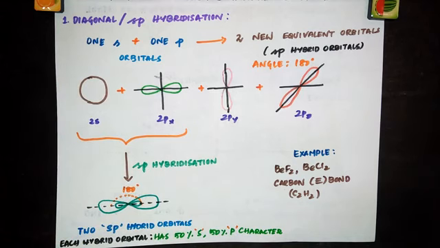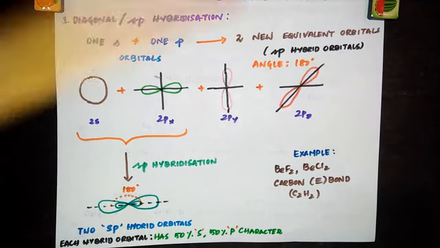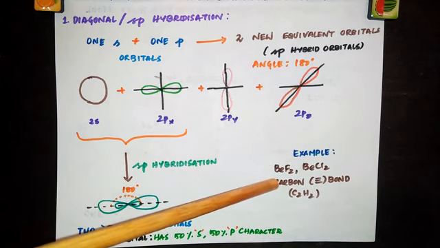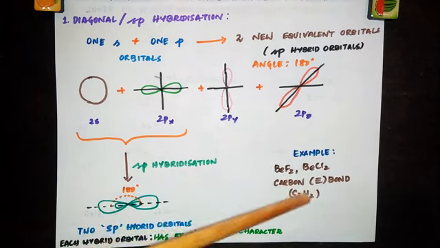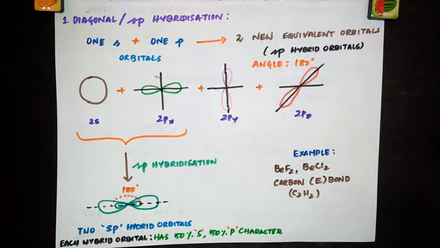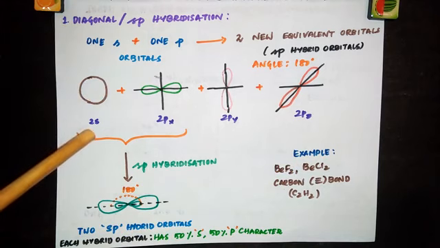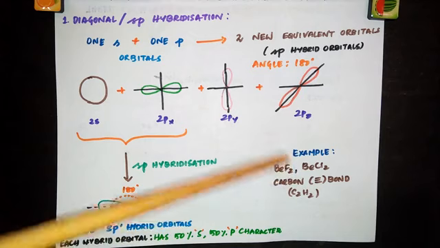And examples of compounds which show sp hybridization are BeF2, BeCl2, and carbon compounds which have a triple bond. We will be seeing all this in detail in the upcoming videos. So as of now, you remember sp hybridization is shown in these compounds.